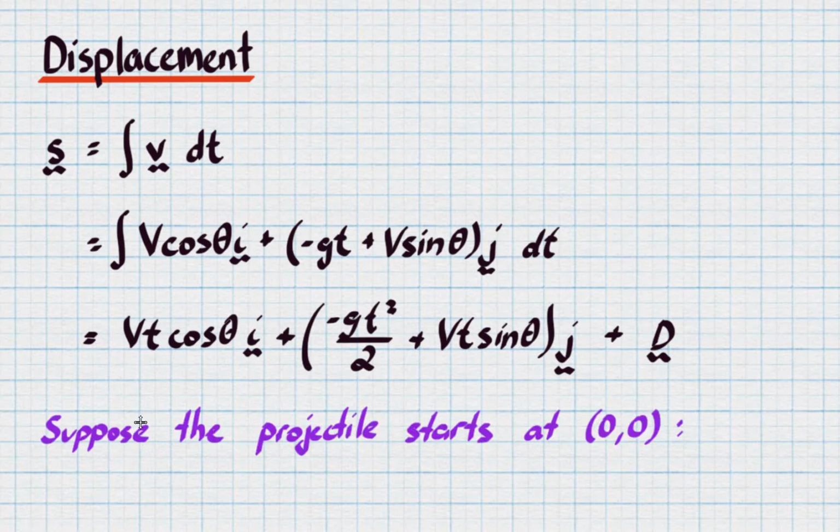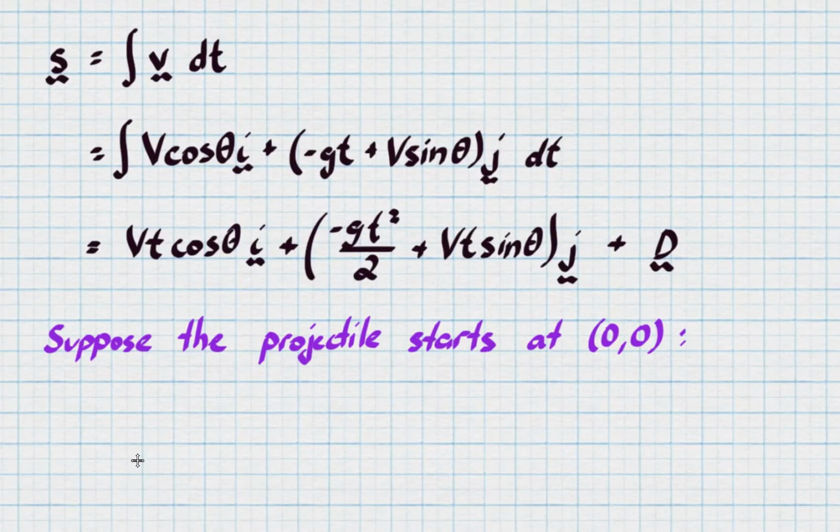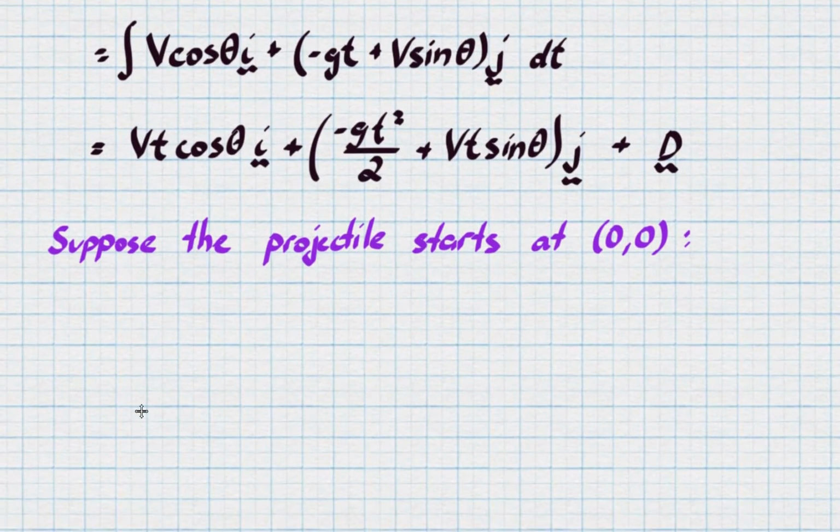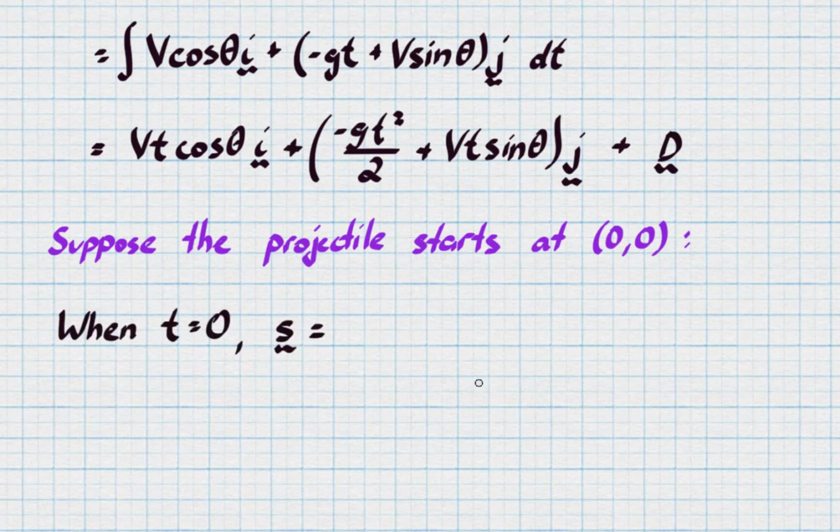If this is the case, then we can write that when t is equal to 0, displacement as a vector is equal to 0i plus 0j. That's the origin, right?